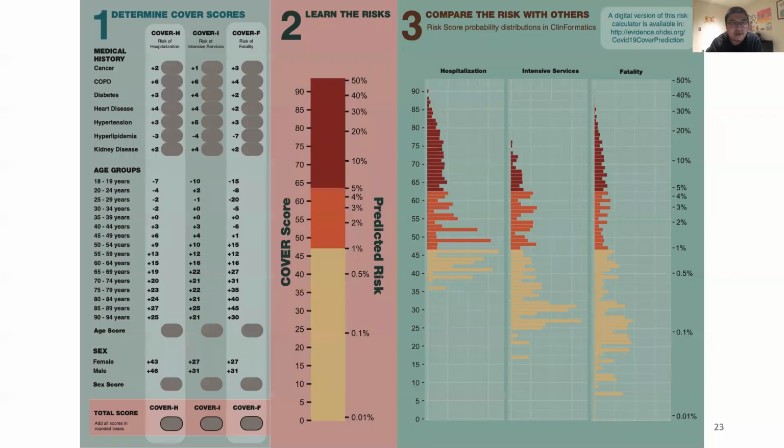They also generated this figure, which shows the models for predicting COVER-H, which is hospitalization risk, COVER-I, which is intensive services, and COVER-F, which is death.